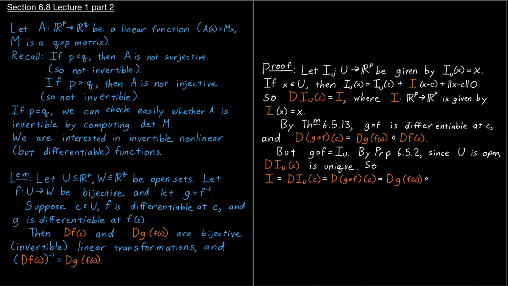And so we can write the identity as the composition of DG and DF. You may recall that it is possible to have non-square matrices whose product is nonetheless the identity.